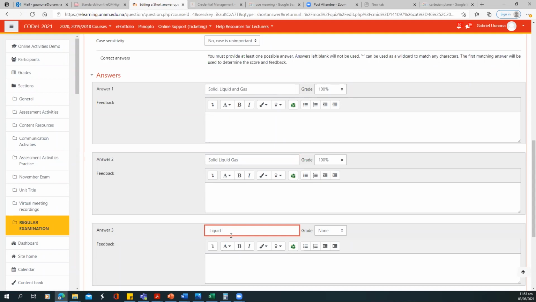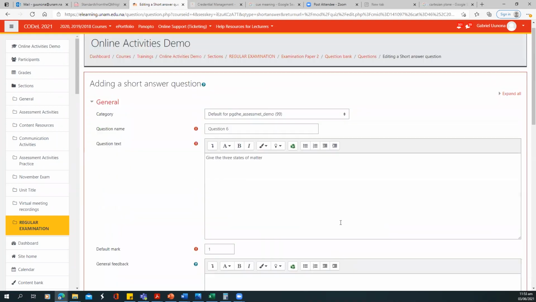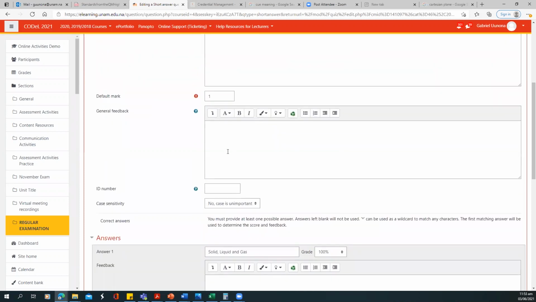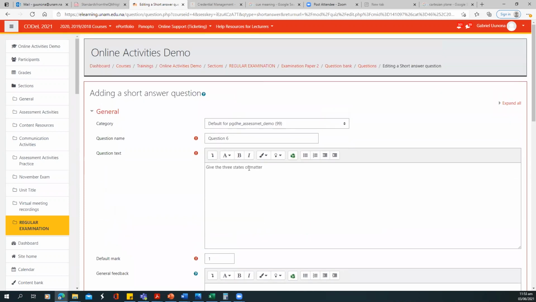Maybe liquid, gas, and solid. So with such scenarios, you need to take note and find the appropriate questions that fit. I'm moving to the next scenario if there are no questions.